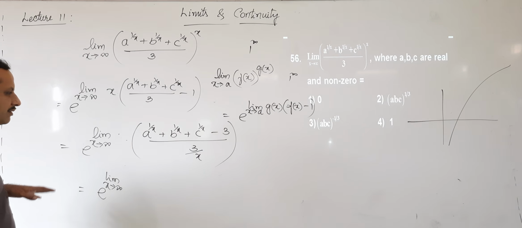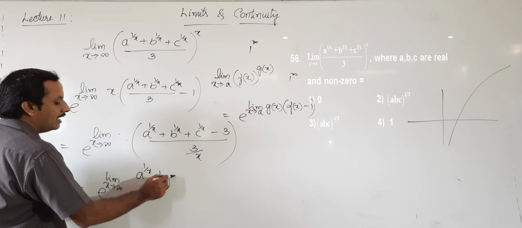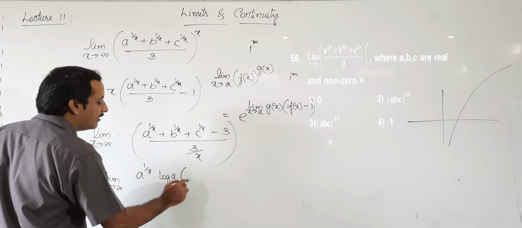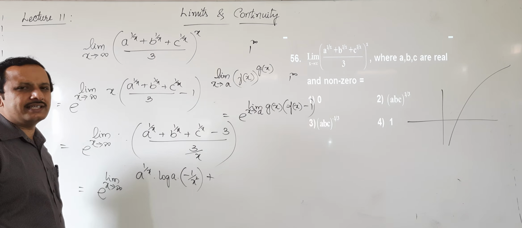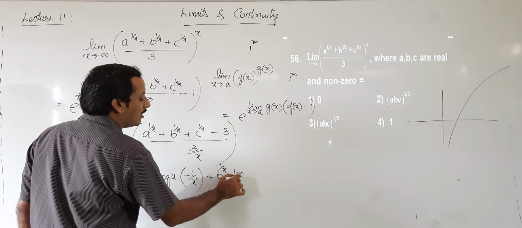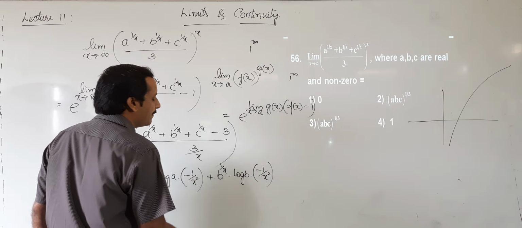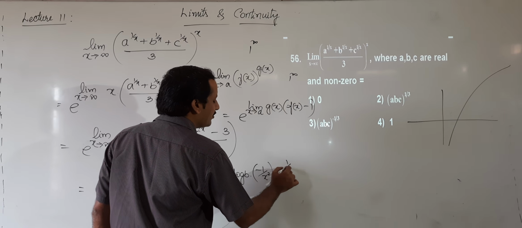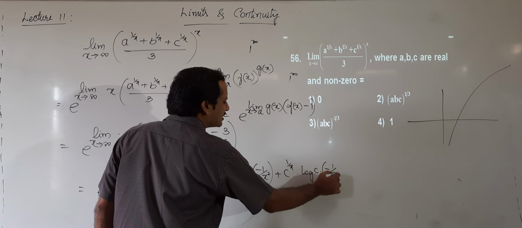Differentiate this. When I use L'Hospital's rule, what do I get? a^(1/x) into log a into the derivative of 1/x. Derivative of 1/x is minus 1/x². Plus, similarly, the derivative of b^(1/x) is b^(1/x) into log b into the derivative of 1/x, which is minus 1/x². Plus, c^(1/x) into log c into minus 1/x².